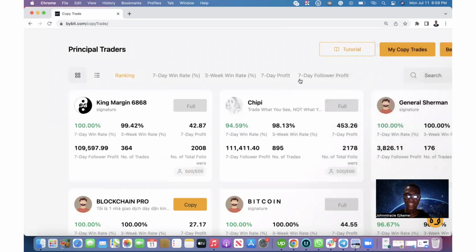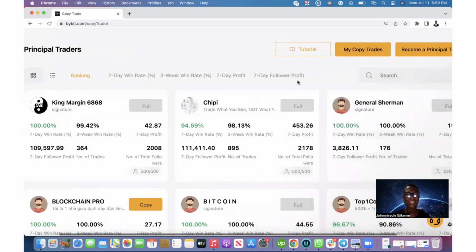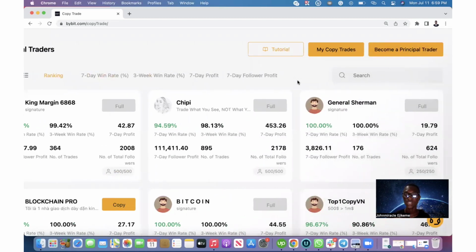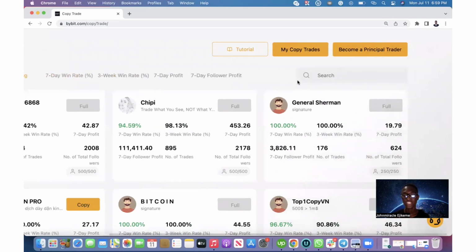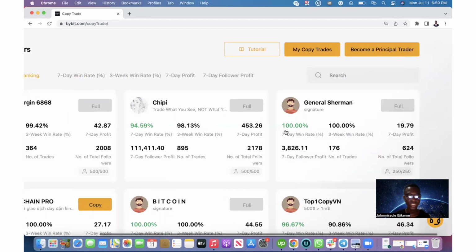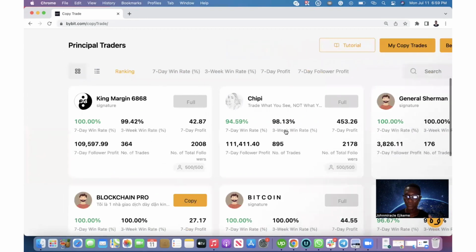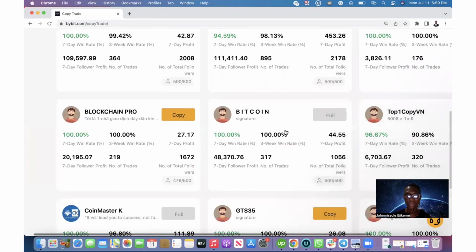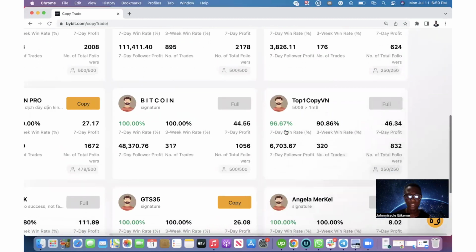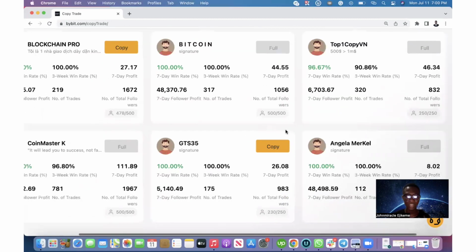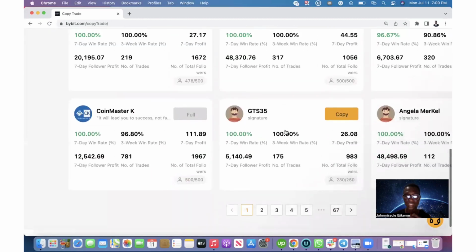GP has a 94.59% win rate, and General Sherman has a 100% win rate. This is how you analyze these expert traders, based on their win rate, how they are trading, and their trading history.